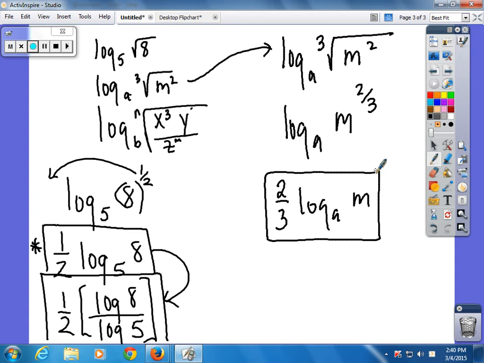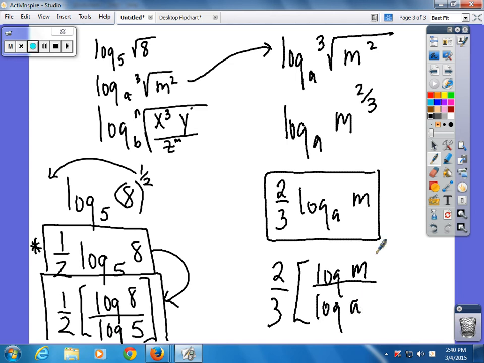But if you did the change base, it would be 2/3 brackets log of m over log of A. And log being base 10. So that would be your change base answer. So this would probably be your answer in the example.